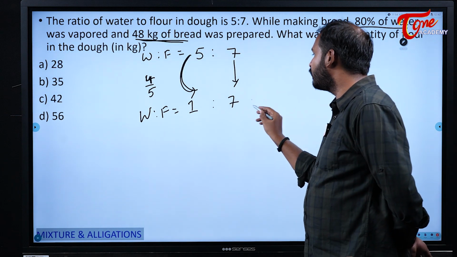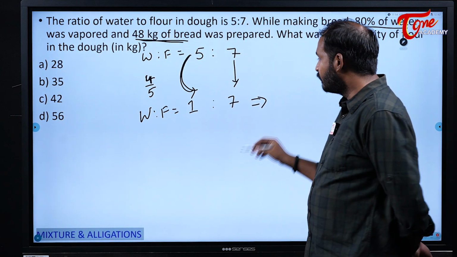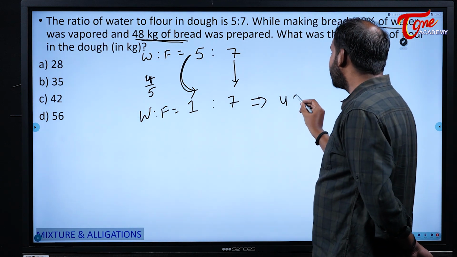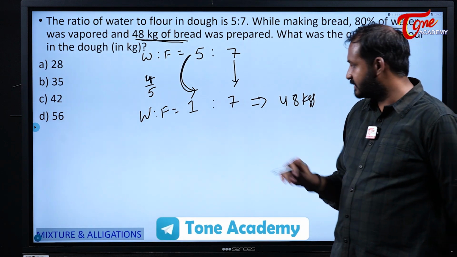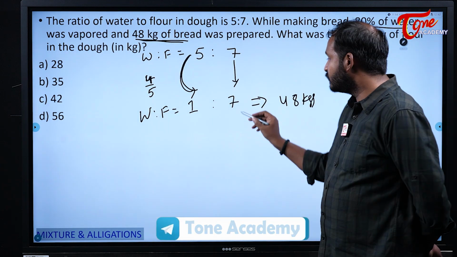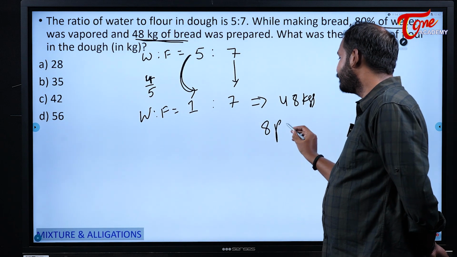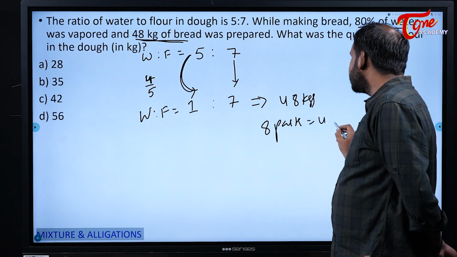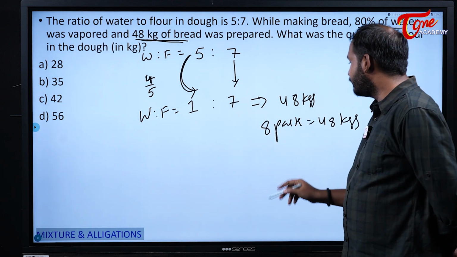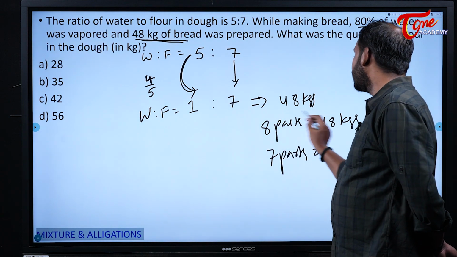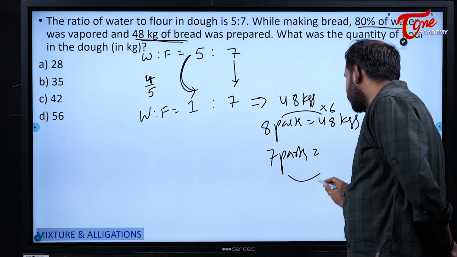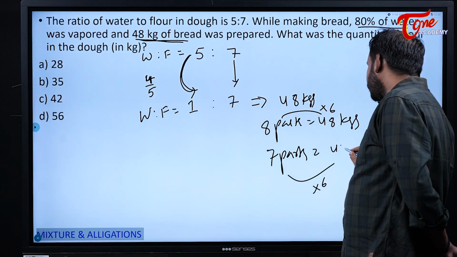And what is the bread quantity I got here? Overall bread quantity is 48 kgs. In this, 8 parts is equal to 48 kgs, right? So, what will be 7 parts? 8 into 6 is 48, so 7 into 6 becomes 42 kgs.